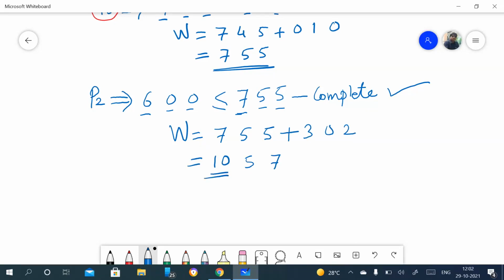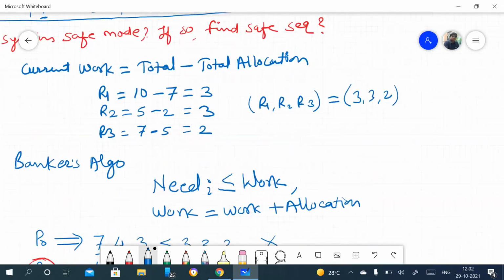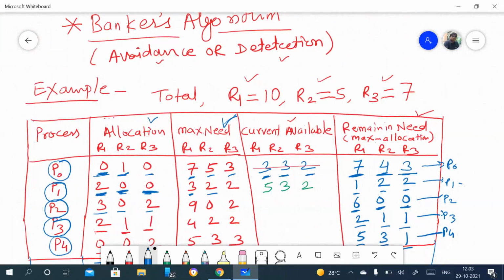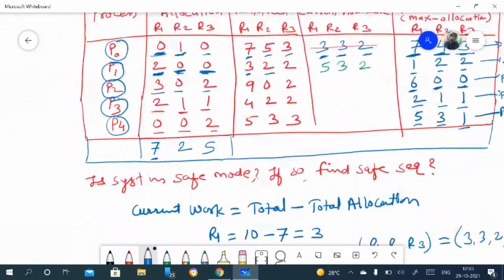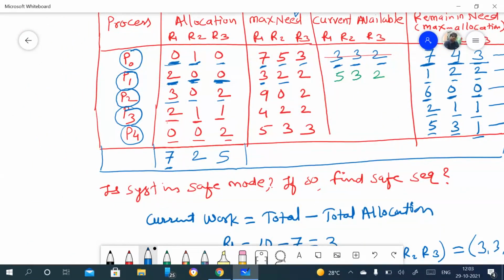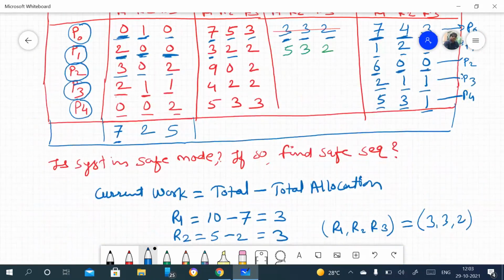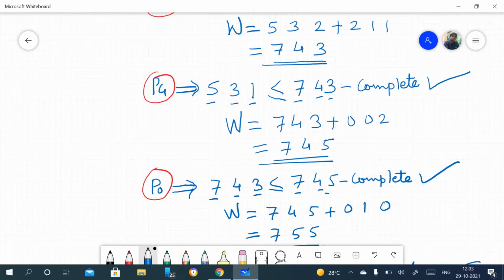You can see this figure is matching with this one, where it is, this 10, 5, 7. So after executing all these processes, all processes will release the resources, and this figure must match. So we can say this is in safe mode.